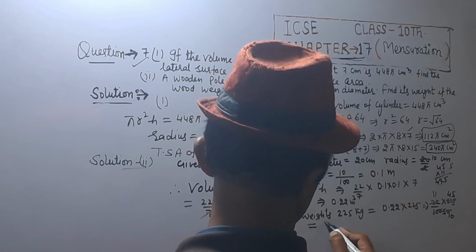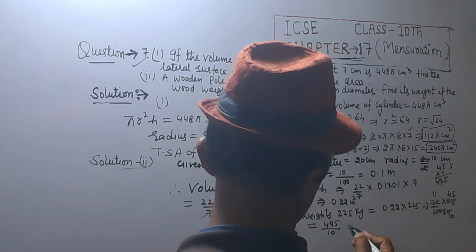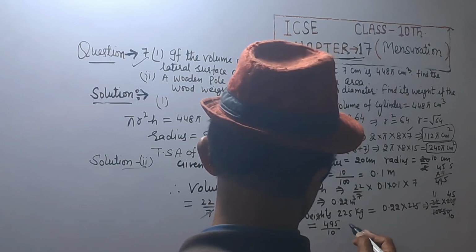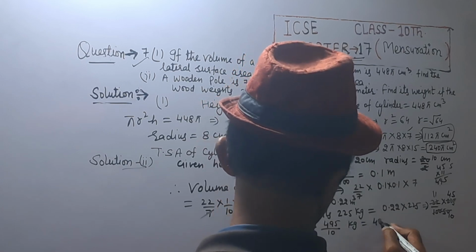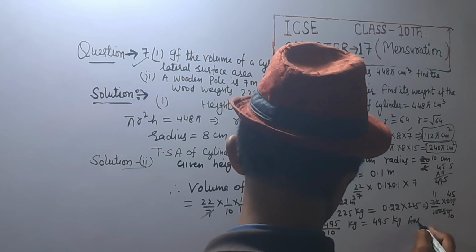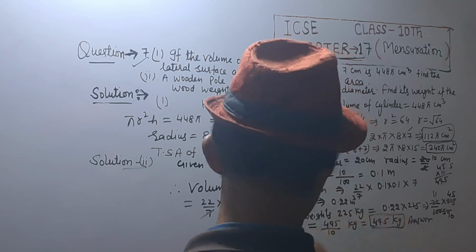Required weight is equal to 495 upon 10 kg is equal to 49.5 kg. Answer.